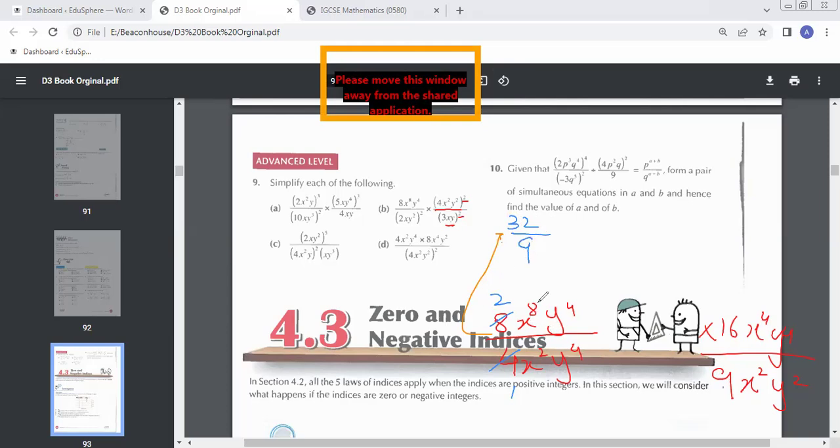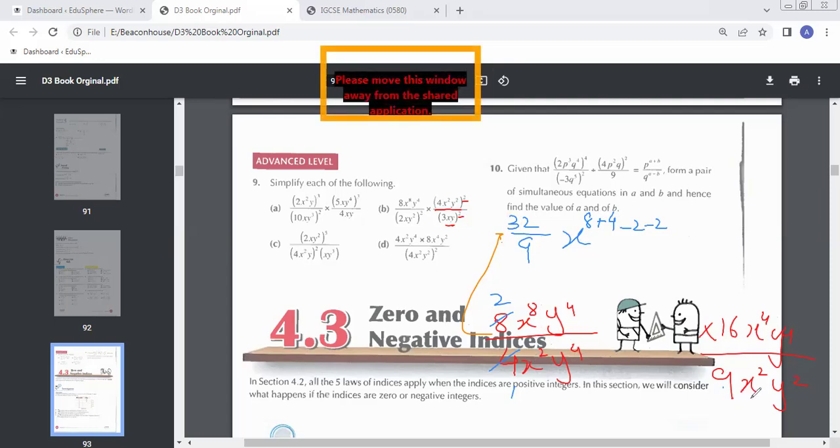Next we have x^8, x^4, x^2, x^2. So we have a lot of x. We will multiply x^8 with x^4, so we will add the powers. It will become 8 plus 4 minus 2 minus 2. Why did we subtract these two powers?